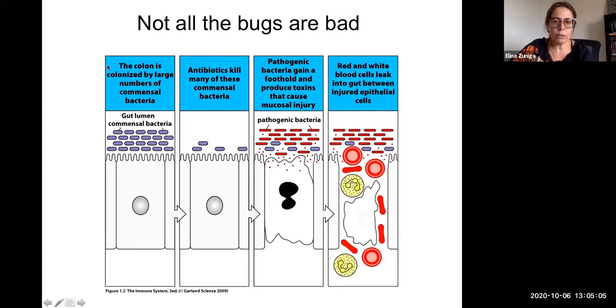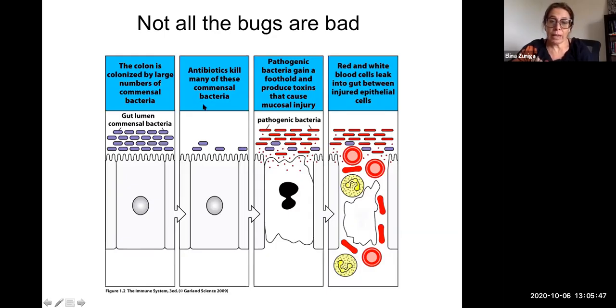Research from many laboratories has demonstrated that, for example, in the intestine, in the large intestine, the colon, but also in the skin and in other surfaces, we are colonized by large numbers of commensal bacteria. And so it's estimated that the amount of commensal bacteria exceeds about 10 times the number of cells we have in our body. And so if you think about it, we are more bacteria than our own cells in our body.